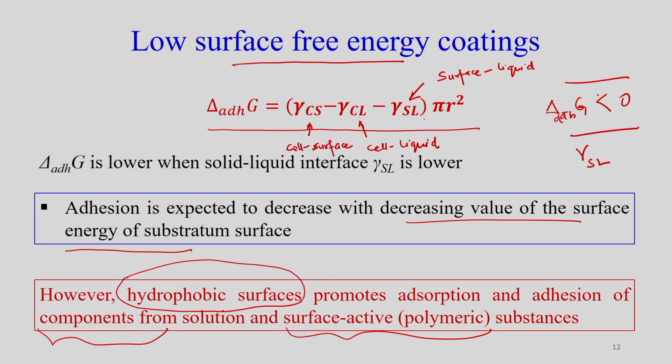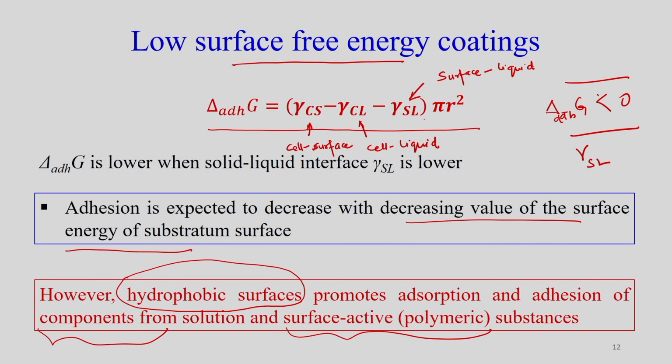So, basically when we go for the interaction in biological systems, apart from the cell surface and bacteria surface interactions, the other interactions affect the whole process, which makes the bacteria surface interaction even more complex.